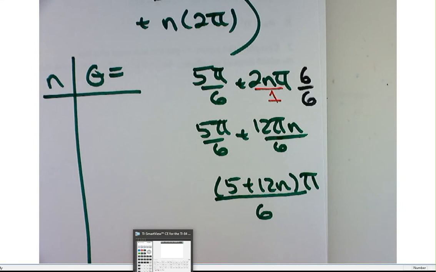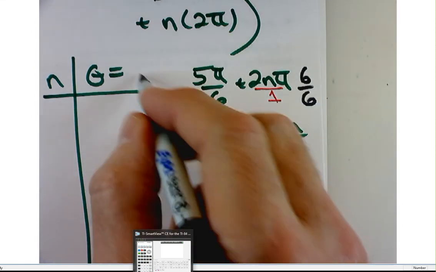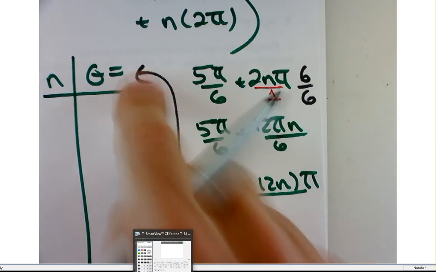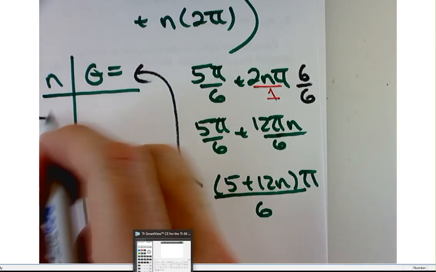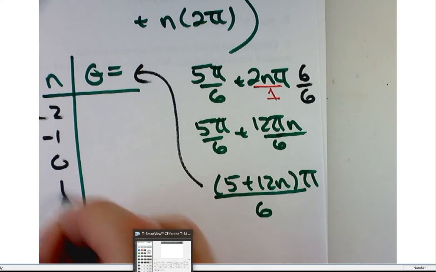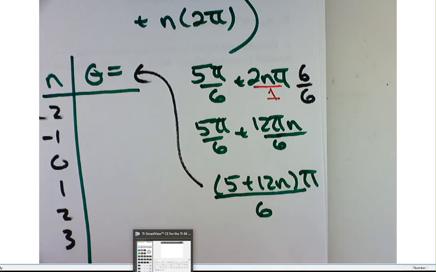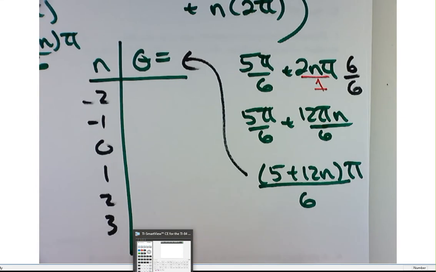And that's a nice general expression for theta. So with that expression, and I don't have room to squeeze it in there, you can do the same thing here. -2, -1, 0, 1, 2, and 3. And write down 6 different particular solutions of this equation.